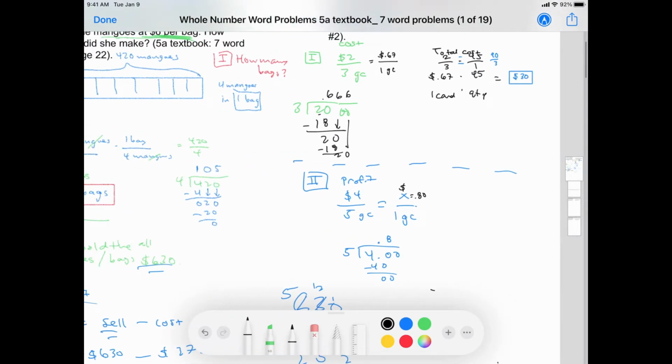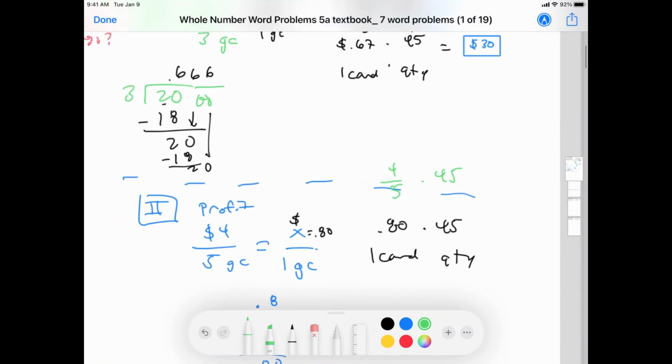So you can do the same thing. 1 card at 80 cents times his 45 cards. And again, we can go back to the fraction if you wanted to. You can say 4/5 times 45, or 0.80 times 45. I like fractions better. I'm going to reduce the 45 to be 9 times 5.